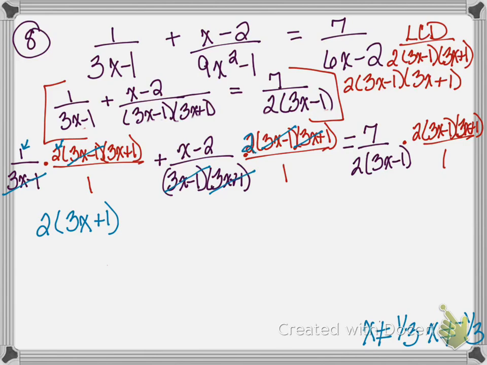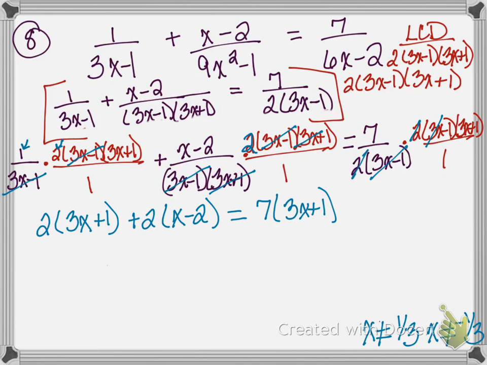I am left with a 2, and so that 2 has got to be distributed to x minus 2. Okay, then my third rational, my 2 and my 3x minus 1 cancel, so I am left with 7 times 3x plus 1. And so now I've got all my denominators cleared out, so now I just have an equation to solve, and it's linear because I don't have any x squared.